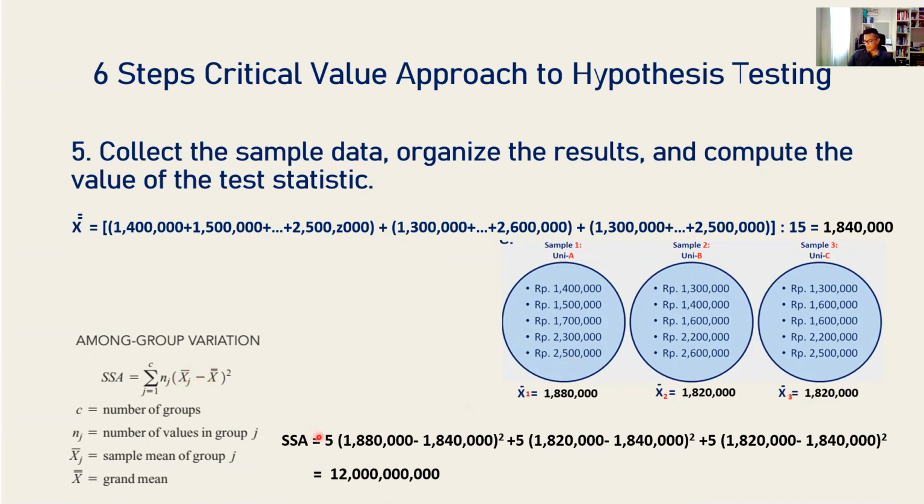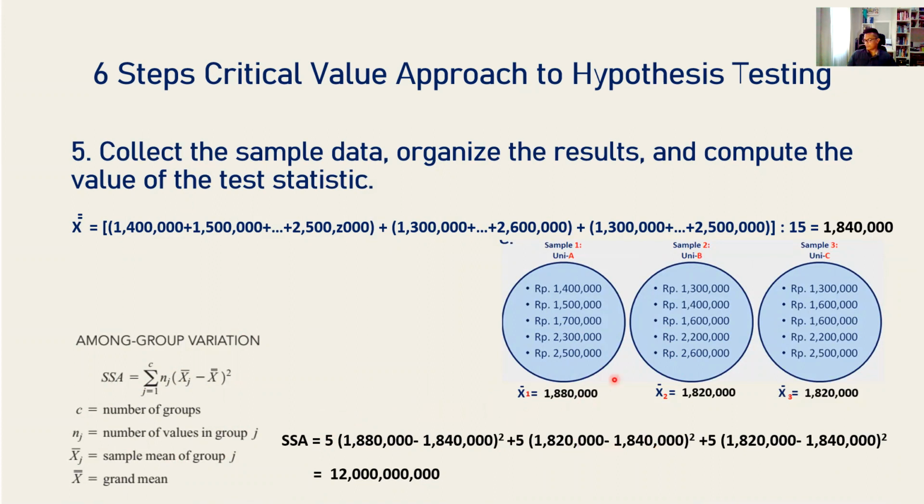For the first group, we have 5 respondents, multiplied by the mean of the first group, 1.880, minus the grand mean, 1.84, and then we square it.